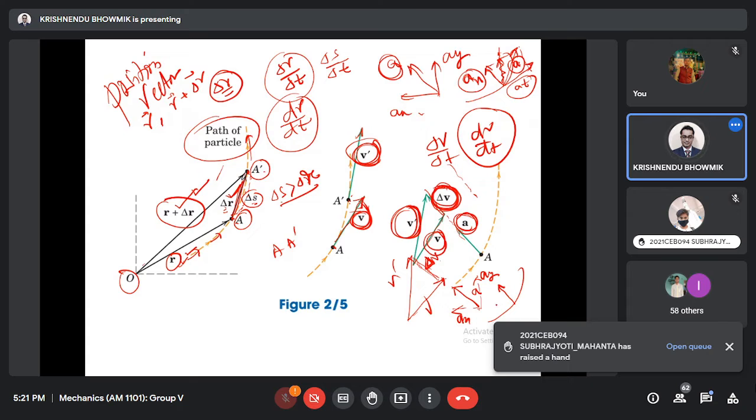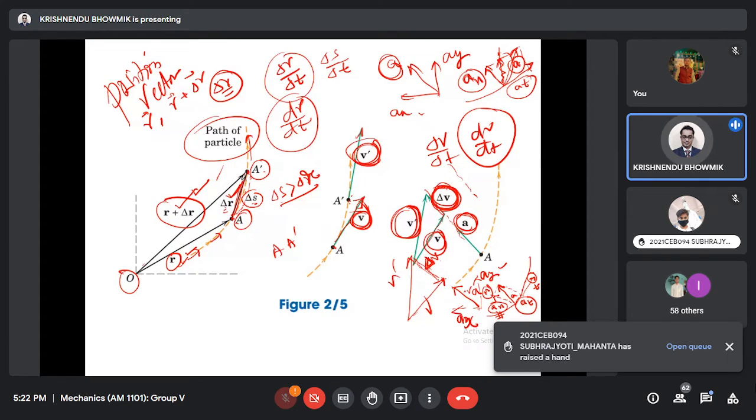This is the n normal direction, this is the t direction, this is at, the tangential acceleration, and this is an, the normal acceleration, and this is ax and ay.